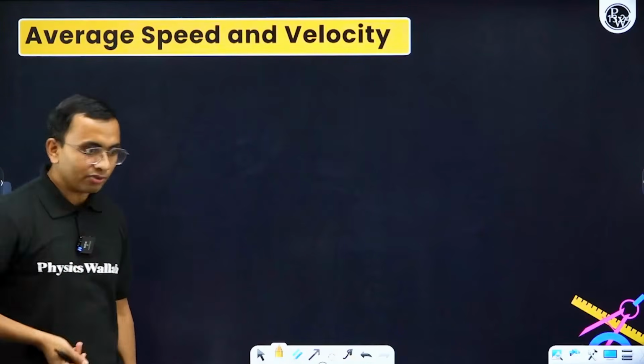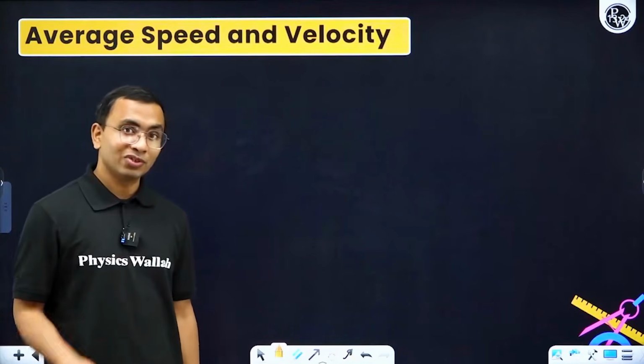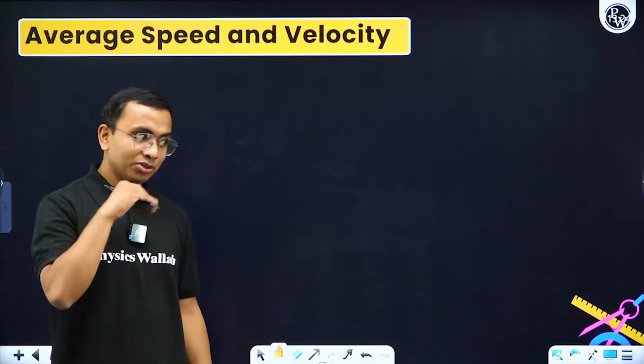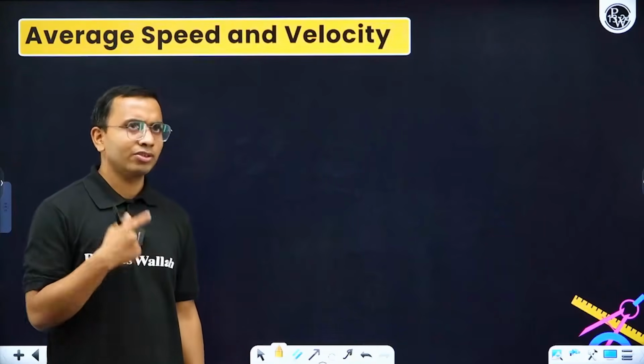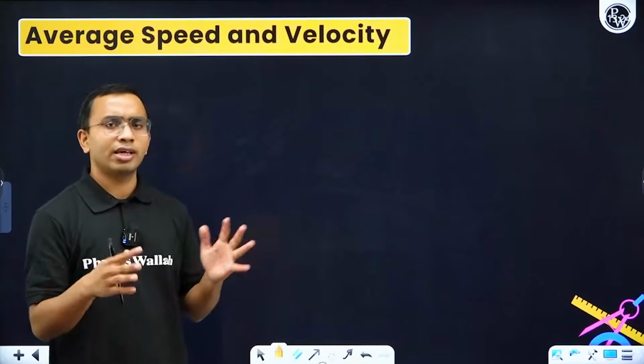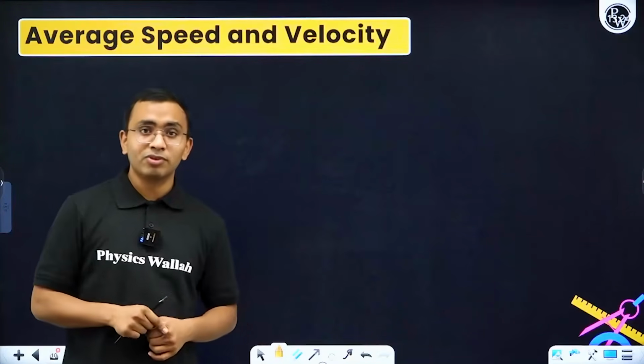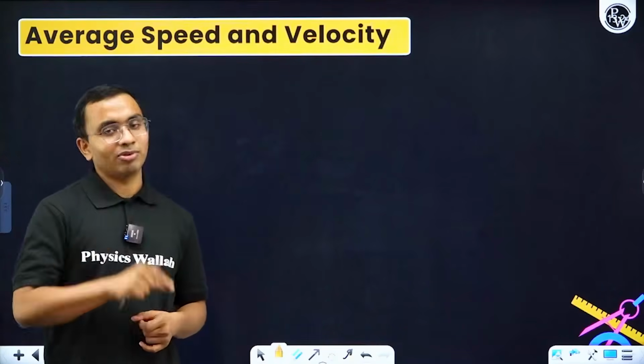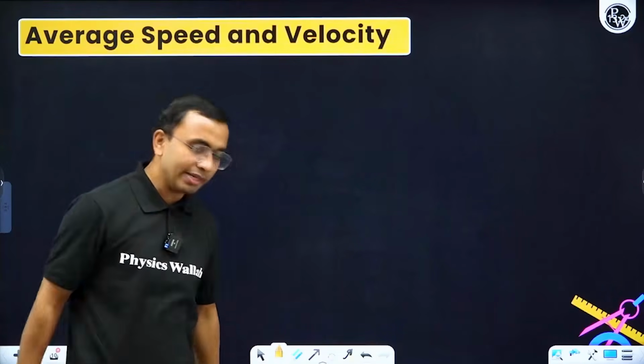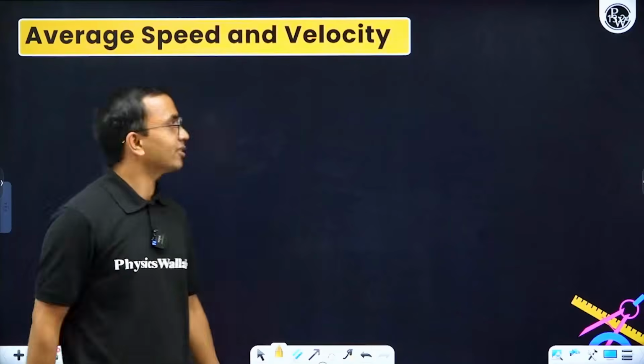So many times we are confused which formula we need to use, whether we should use 2v1v2 upon v1 plus v2, or (v1 plus v2) by 2, or some other thing. Why? Because we don't have conceptual clarity. So let us develop conceptual clarity and accordingly we will solve some questions.